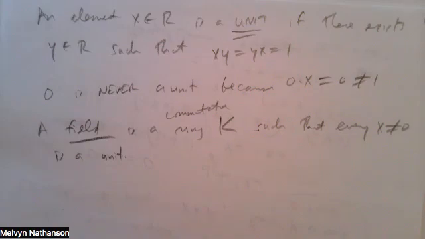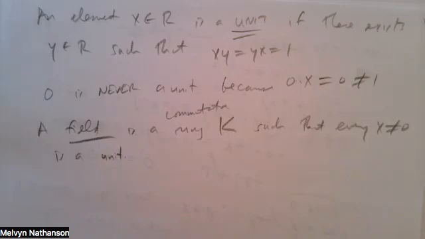It's an additive abelian group with a 0. There's always a 0 in every ring. You can't have a ring without 0, because it's an abelian group under addition. 0 is what we call the identity element for addition. And so a field is a ring where 0 is never a unit, but every non-zero element is a unit.